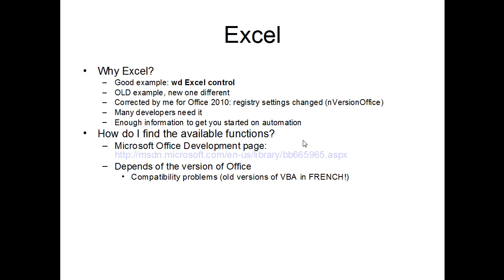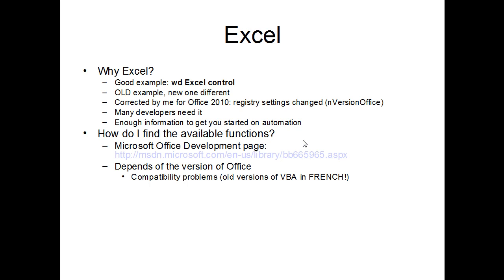For example, there were old versions of Office where Visual Basic for Applications, the internal language, was translated into the target language. If your Office was in French, then the VBA was translated in French too. Because of that, your code needed to have the functions called in French, because the English function would not work.